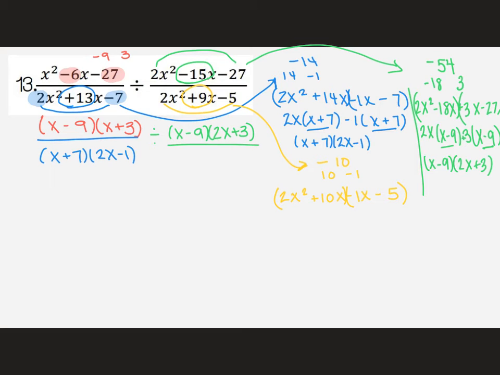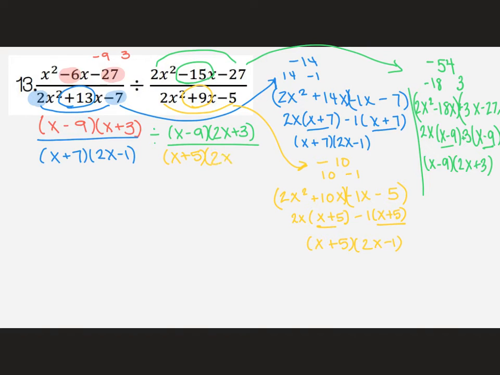I group, and I factor out a 2x in the first group, leaving me with x plus 5. I factor out a negative 1 in the second group, leaving me with x plus 5. I factor out the matching x plus 5s, and I'm left with 2x minus 1, which I rewrite in the original.